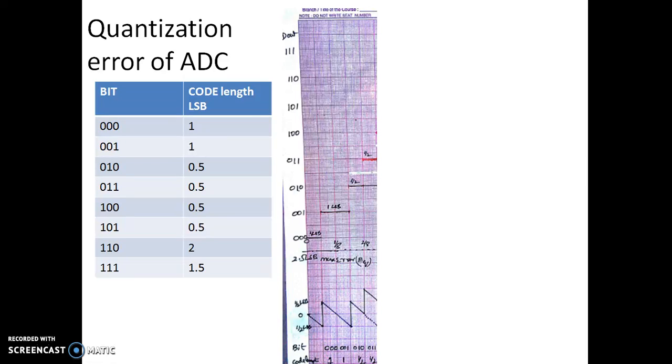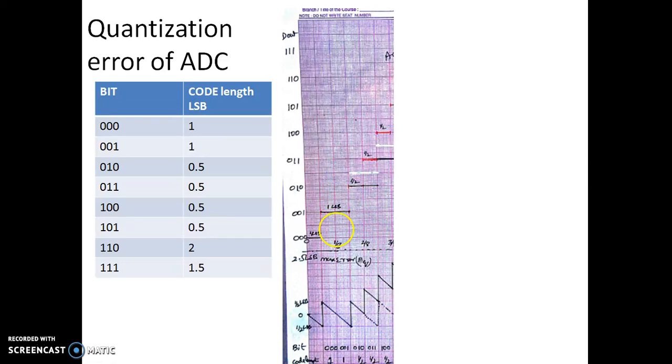It will not become 0. It will become half LSB over here. Now we can see this is the code length of half LSB for the second 011. Since it is only half code length, for any input voltage slightly greater than this 5/16, the output again changes to the next code.